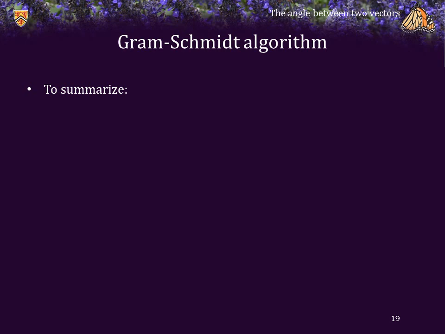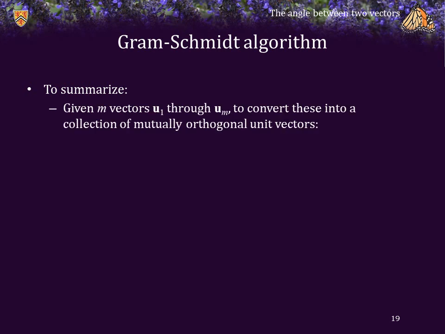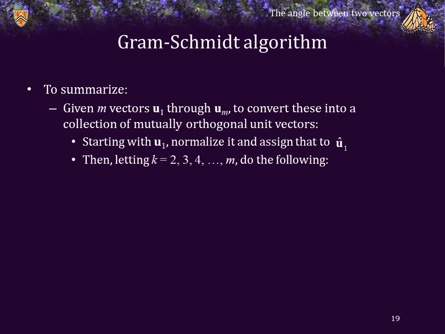So, to summarize the algorithm itself, given m vectors u_1 through u_m, to convert these into a collection of mutually orthogonal unit vectors, start with u_1, normalize it, and assign it to u_1 cap. Then, letting k run from 2 to m, do the following. First, subtract from u_k the projection of it onto u_1 cap.